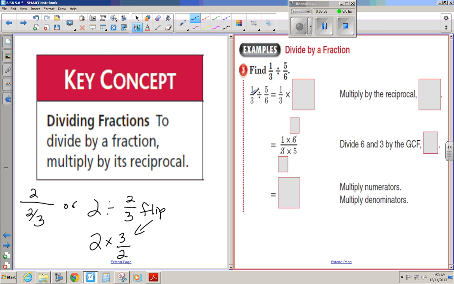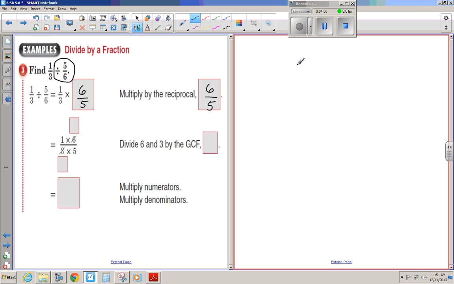So looking at this, 1/3 divided by 5/6. The key concept says to multiply by the reciprocal. Not the reciprocal of the first one, but the reciprocal of what you are dividing by. So 6/5. All right, now there are 2 ways to go from here. You could do 1/3 times 6/5, which equals 6/15.